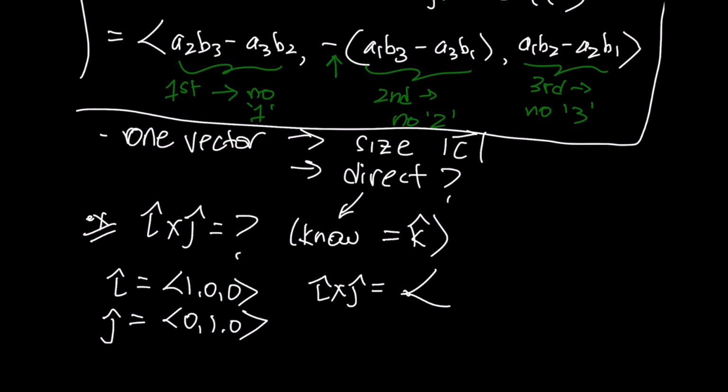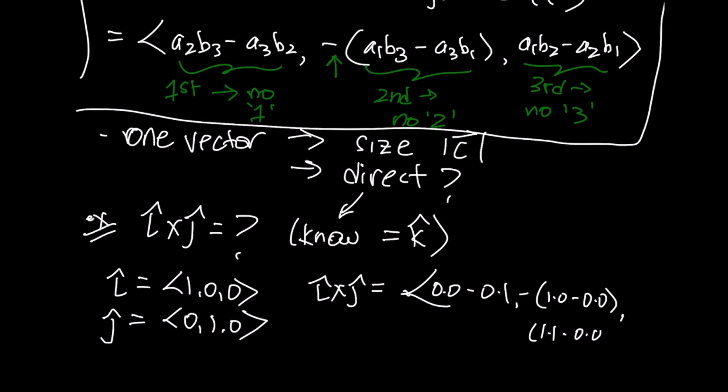So that's 0 times 0, subtract A3 times B2. That's 0 times 1. Then I'll get a negative A1 times B3. So that's 1 times 0, subtract A3 times B1. Well, that's 0 times 0. The third component will be A1 times B2. So that's 1 times 1, subtract A2 B1, which is 0 times 0.